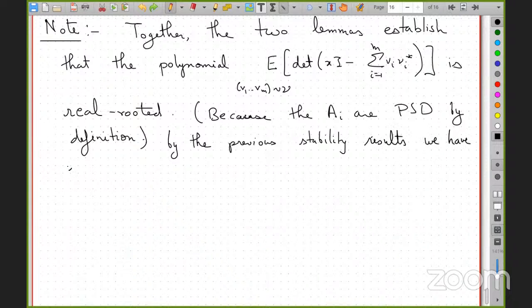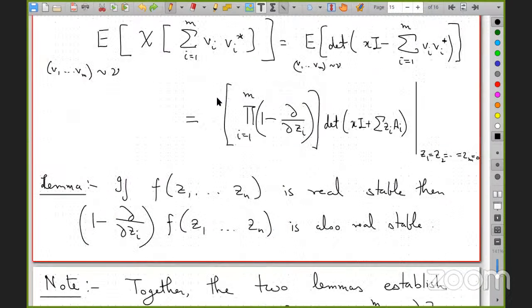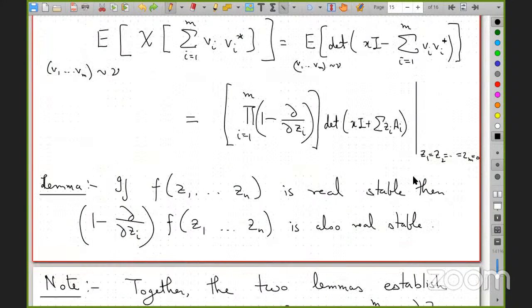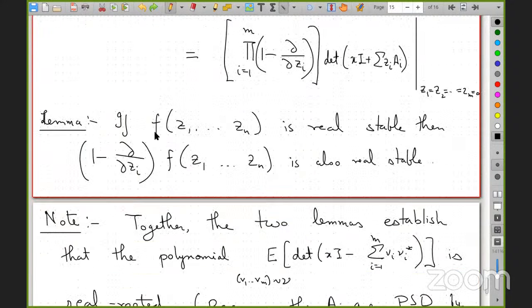This I will leave as an exercise: I'll prove these two lemmas, and how that implies that this is stable is an easy exercise. Okay, so now let's prove the second lemma first.